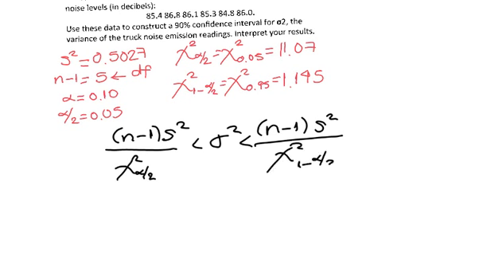So we are going to substitute the numbers, and you should get 0.227 < sigma squared < 2.195. So again, we will conclude that the actual variance of the trucks is between 0.22 and 2.19. If we are measuring this in decibels, actually we should say that the variance is not so high.